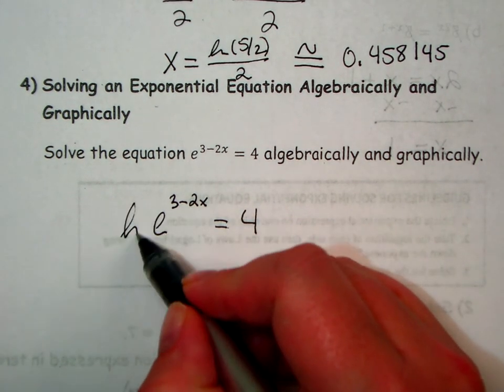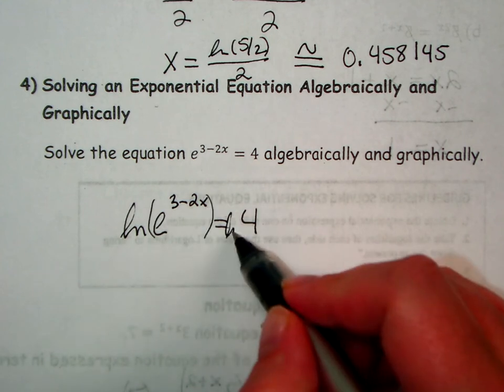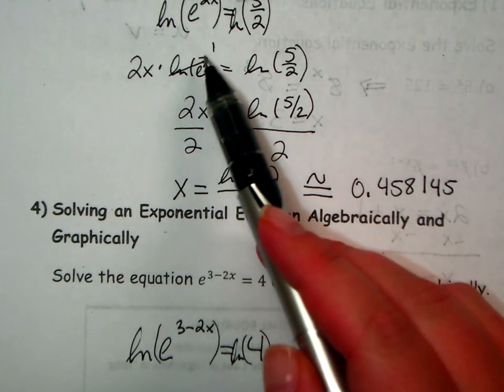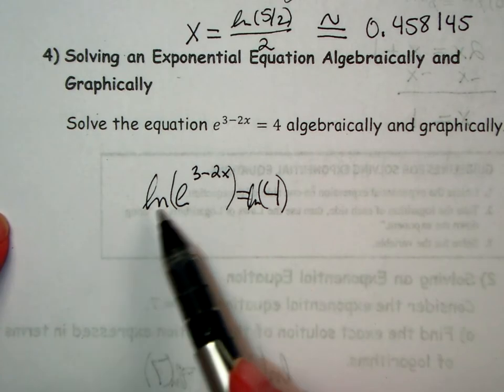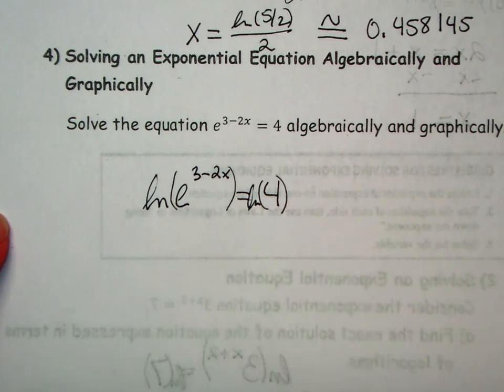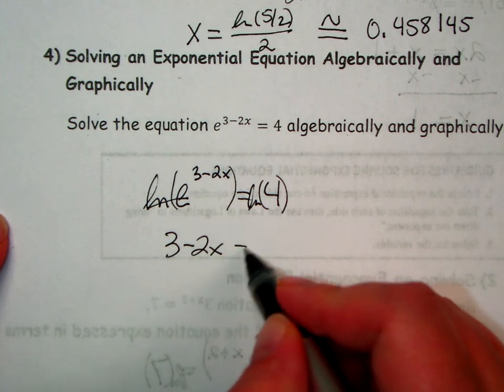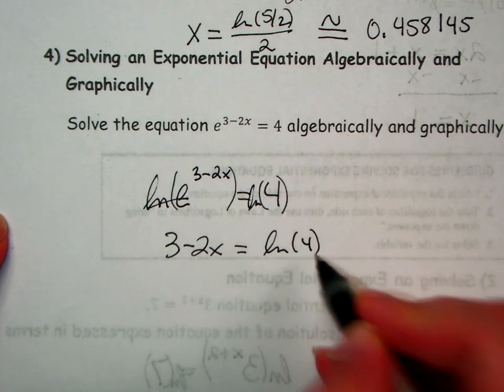So I'm going to take ln of both sides. Now this time, instead of canceling the ln and e secondary, I'm going to go ahead and let it cancel here. Okay, because ln of base e cancels, and so we just get 3 minus 2x equals ln of 4. Right.